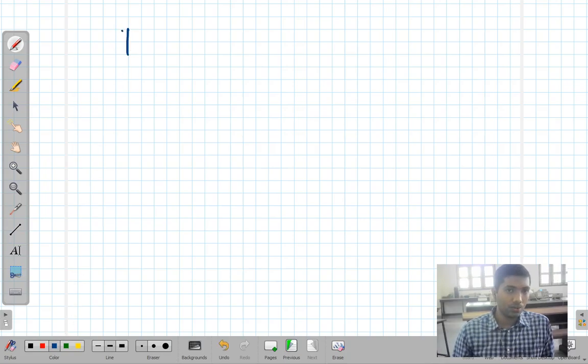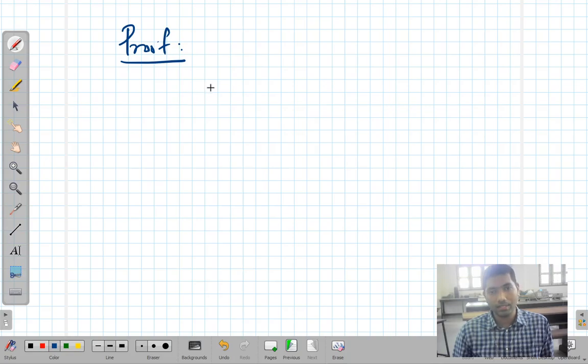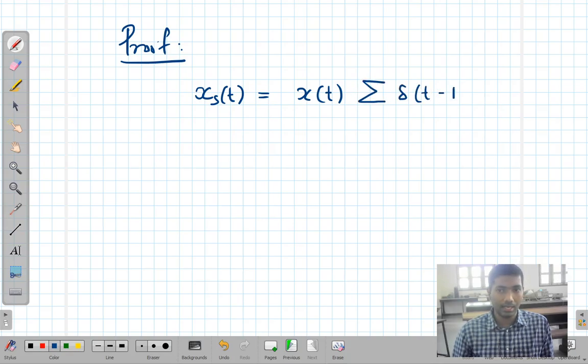With these two concepts, I'll quickly write the first thing. We have obtained the sampled signal x s of t as x of t multiplied by the summation del of t minus k T, the impulse train, with k ranging from minus infinity to infinity, and I've taken the Fourier transform of this.